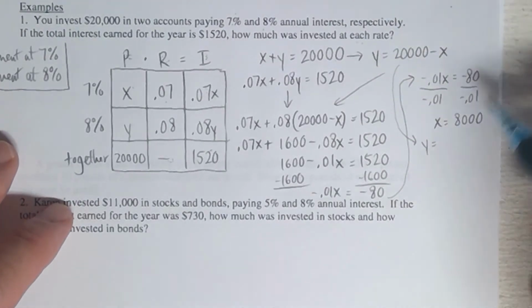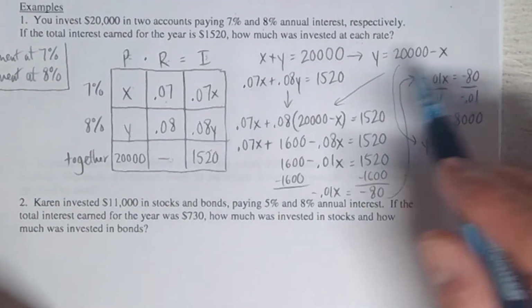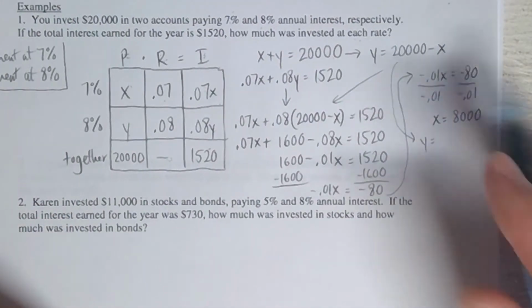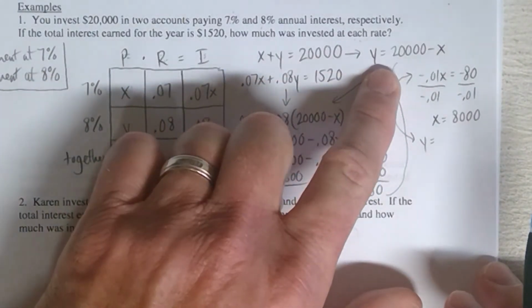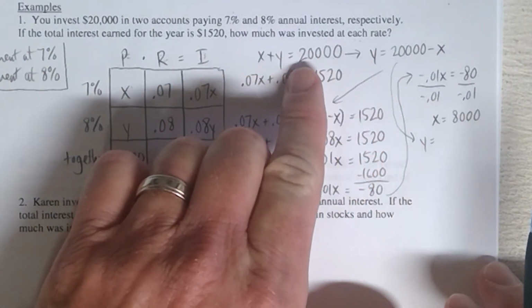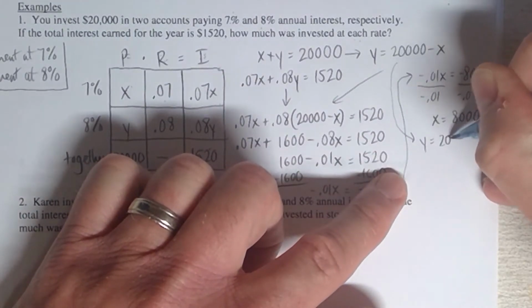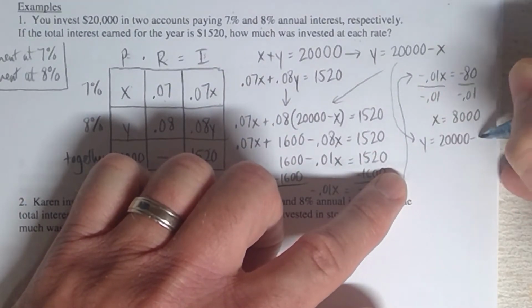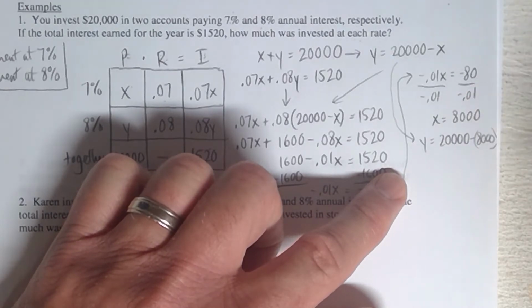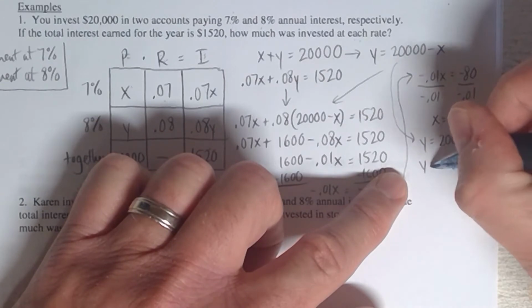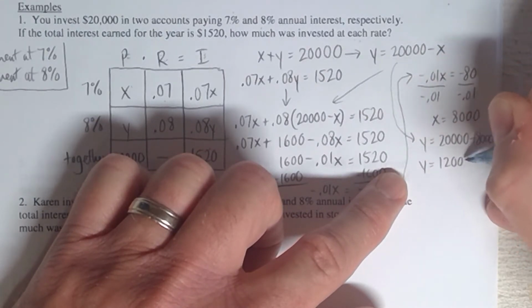Y is equal to what? Well, after you figure out the first variable, you plug it back, and when you're doing the substitution method, you go back and you plug it into the equation that you got by itself at the end of step one. All right, and that'll allow you to solve for the other variable. Right there. Okay. 20,000 minus 8,000 is 12,000.